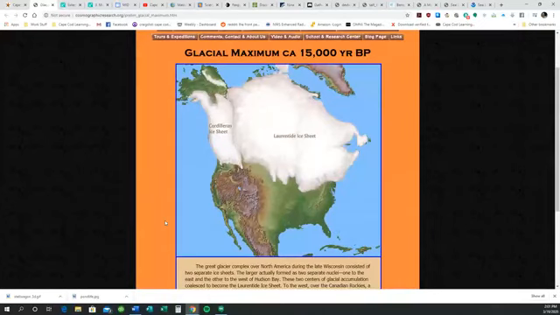And you'll see that that ice sheet covered most of the northern part of the United States and all of Canada. So where we live was really formed by these ice sheets, which carried a lot of material with them.